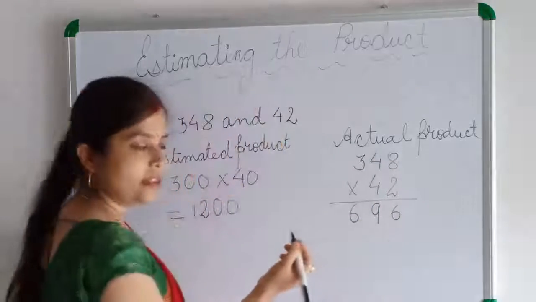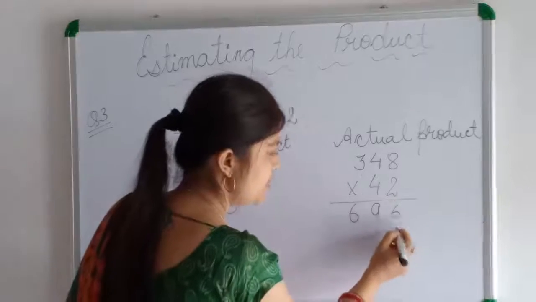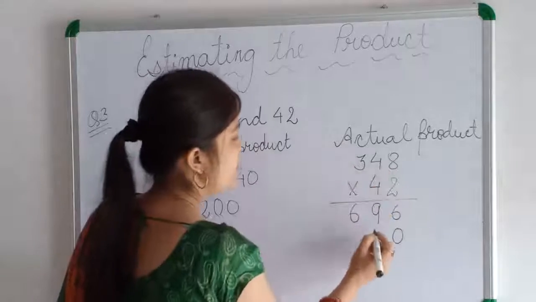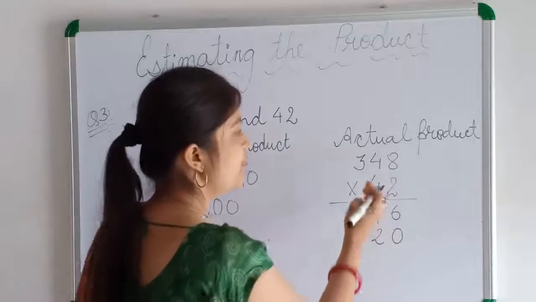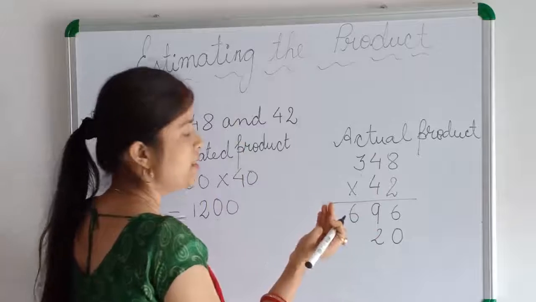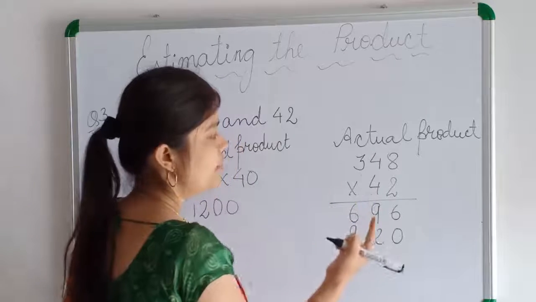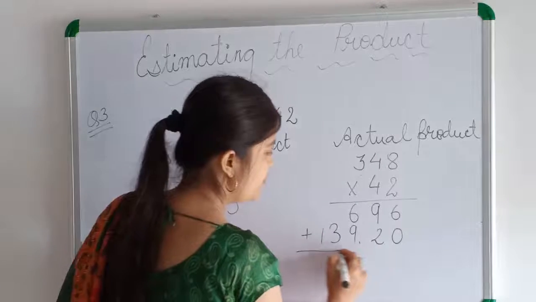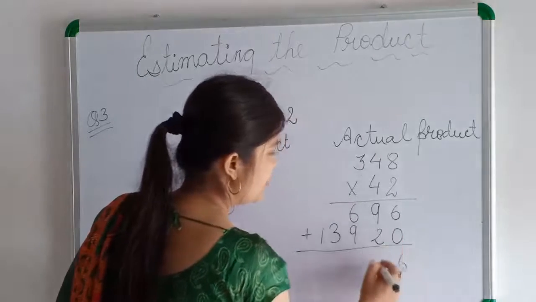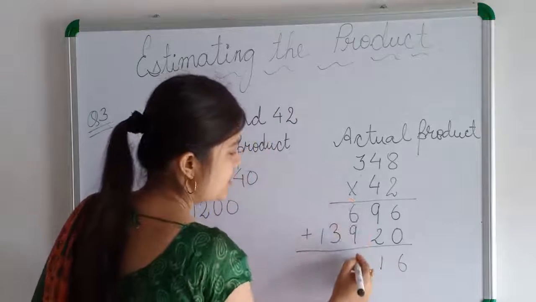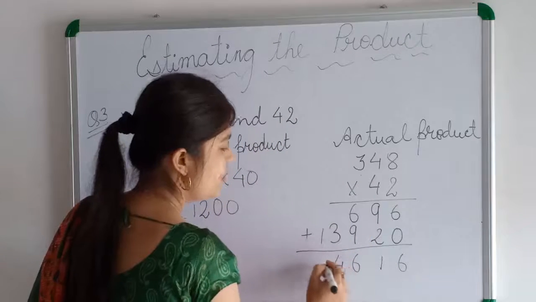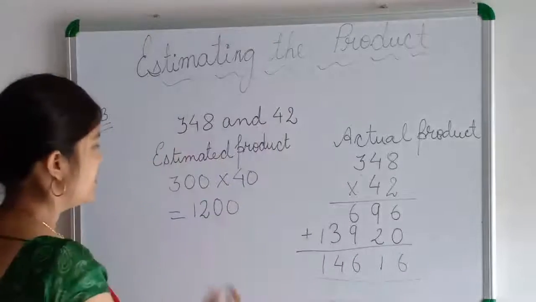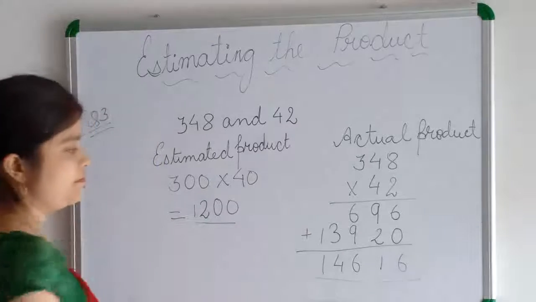When you are multiplying by the digit in the tens place, first you are putting 0 in the ones place, then you will start in the same way. 4 8s are 32, 3 you will carry, 4 4s are 16, plus 3, 19, 1 you will carry, and 4 3s are 12, plus 1, 13. Now we will add both the products here: 6 plus 0, 6, 9 plus 2, 11, 1 carry, and then 6, 4, and then 1. This is the actual product and this is the estimated product.